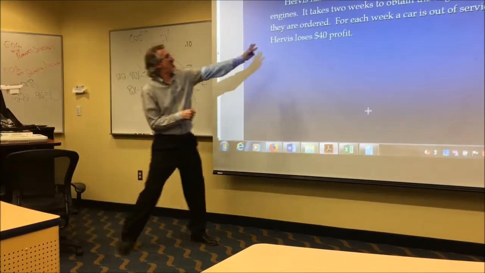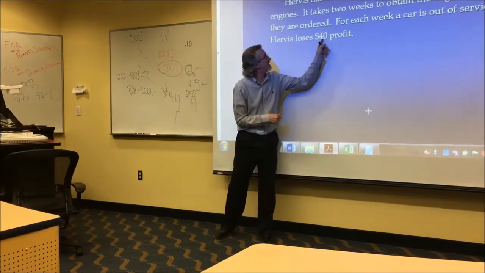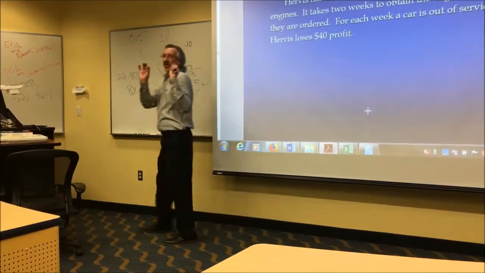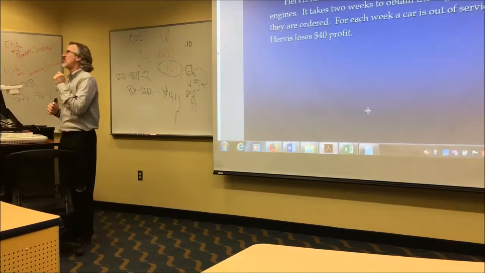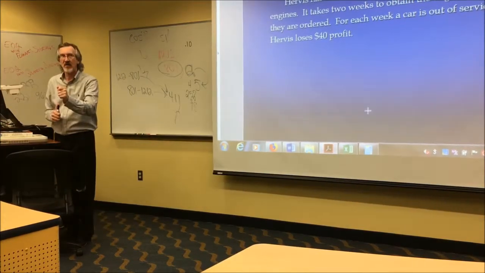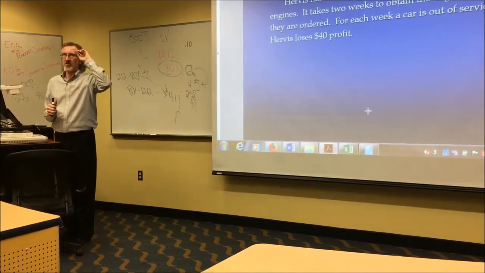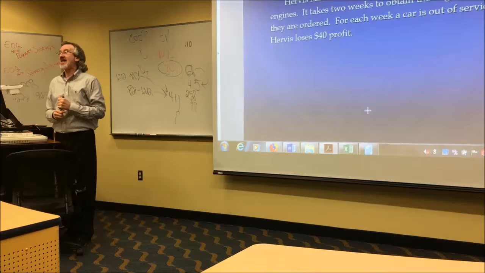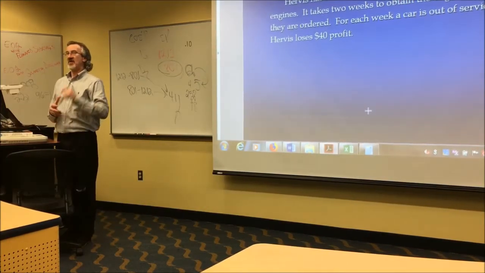It says for every week a car is out of service, we lose $40 profit. The back order cost is based on how much we would lose in a year for one item. If one item's back ordered, we're going to lose $40 profit for each week. How many weeks are they open?